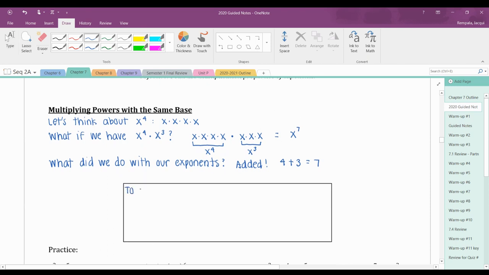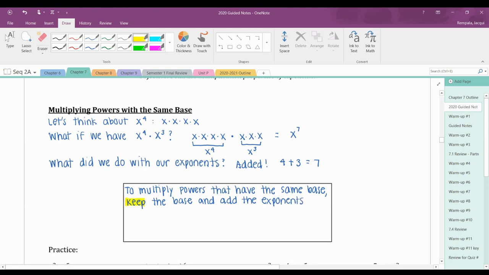It says to multiply powers that have the same base, we are going to keep the base and we are going to add the exponents.